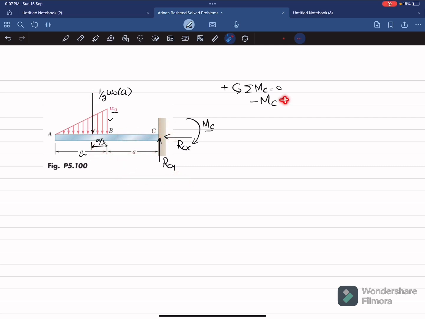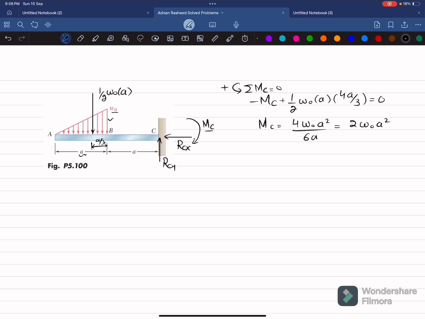We will write plus 1 over 2 W naught into a into 4a by 3 is equal to 0. So MC will be equal to 4 W naught a square over 6, or that is equal to 2 W naught a square over 3.